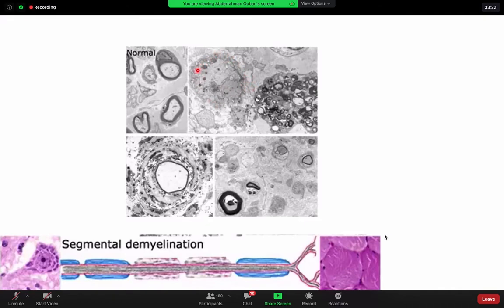Myelin is simply gone that was surrounding those axons. So much so that in this axon, this is an electron microscopy, these dark dots are remnants of the myelin sheaths that used to be here. Okay? So the dark dots are simply fragments of the myelin sheaths that used to encase this axon.